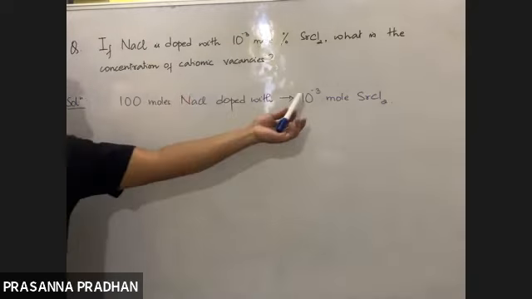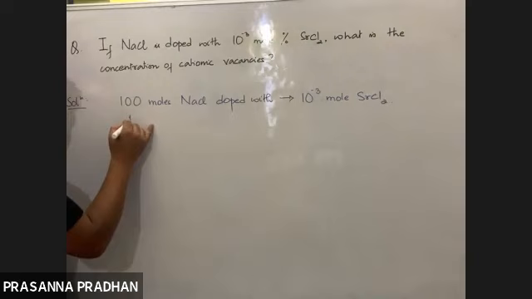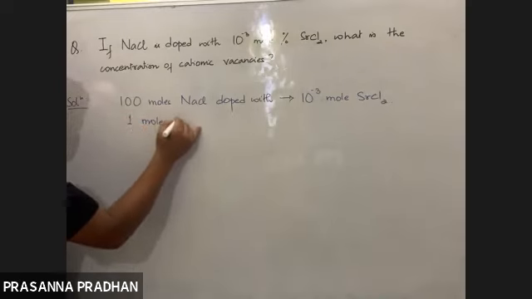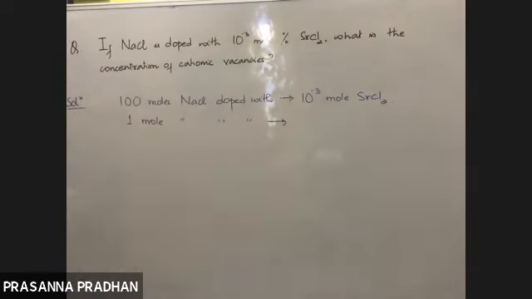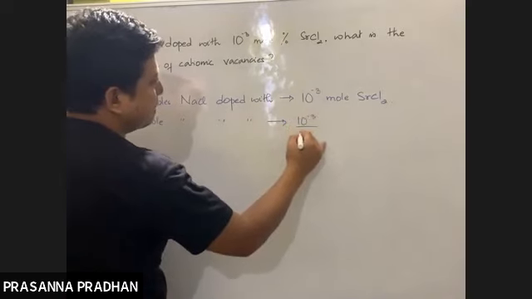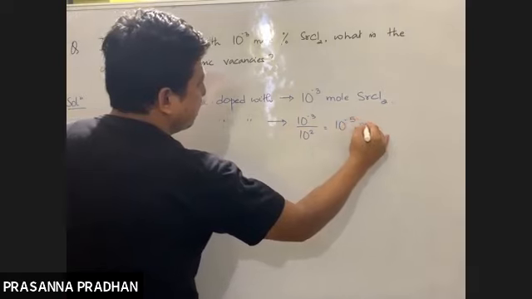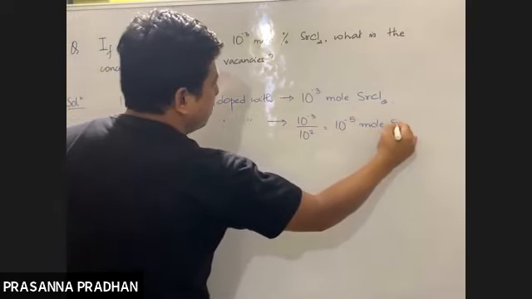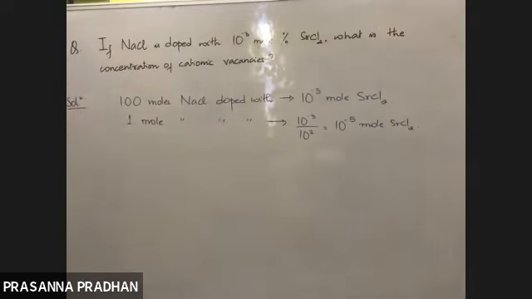So now tell me, 1 mole of NaCl is doped with how many moles? 10 to the power minus 3 by 100, 10 to the power minus 3 by 10 to the power 2. This is 10 to the power minus 5 mole of strontium chloride.